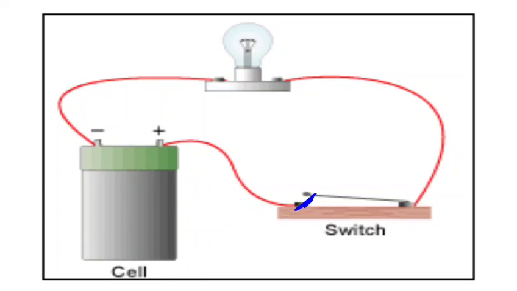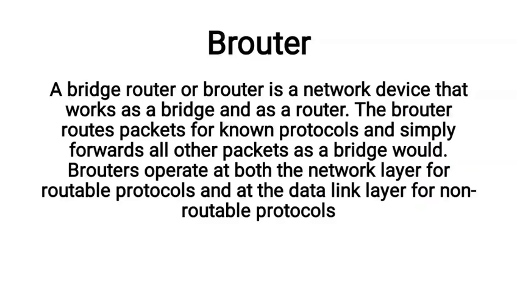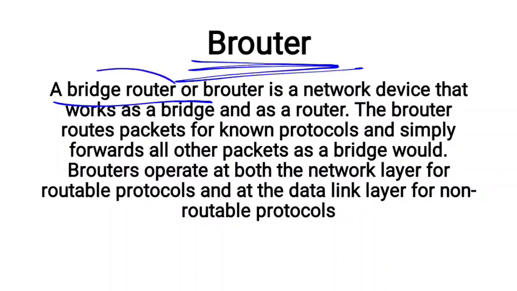Okay, now next we are talking about a router. In the case of a router, we will use a bridge and a router. There are two devices which help us make a router.